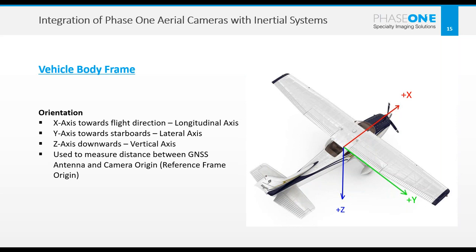It is most used to measure the distance between the GNSS antenna and the camera origin, or the entrance pupil, or the reference frame origin. We don't need to have an origin for this vehicle body frame, as long as we have it as a reference where to measure.